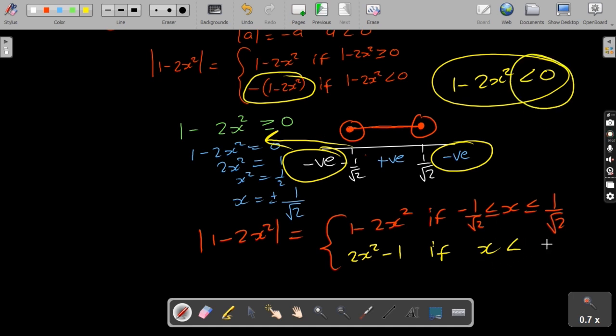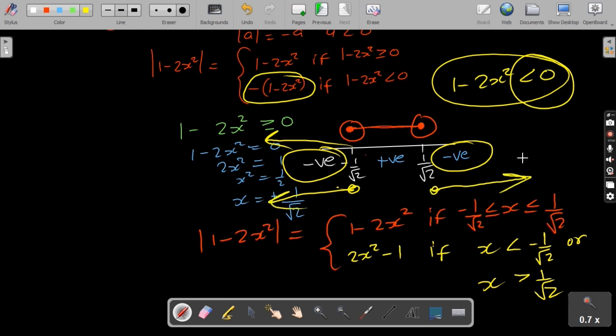So x less than this value, or x greater than this value. This region to the left of that, and this region to the right of that, will give you a negative answer if you substitute any of those values into there. And that is how you answer that question.